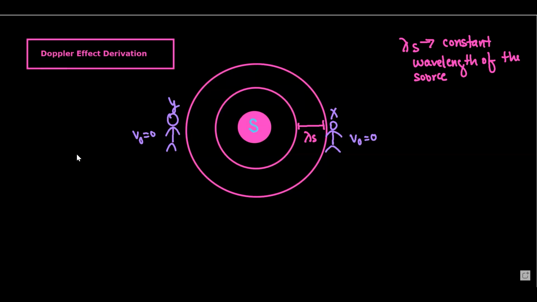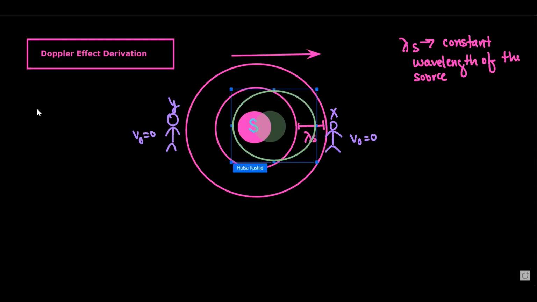However, if the scenario suggests that the source is going to move towards observer X, let's see what goes on. The same source, emitting the same wavelength and the same frequency sound, moves towards observer X. What happens is the observer's observed wavelength changes.